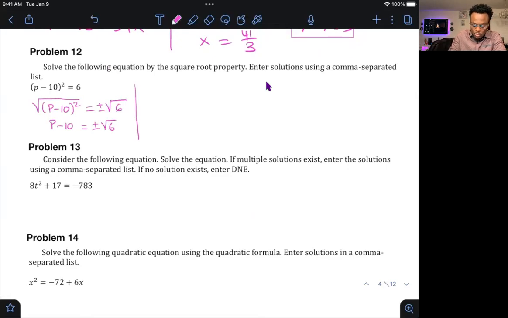We would add 10 on both sides, so p equals 10 plus minus square root of 6. So your solution set is 10 minus square root of 6, 10 plus square root of 6.